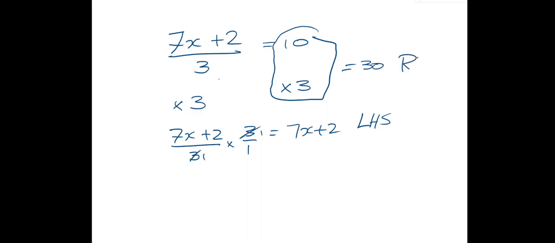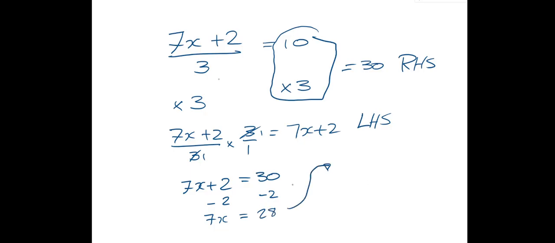Left hand side equals the right hand side, so let me just bring them all down. 7x plus 2 equals 30. We want to get rid of this 2 now. 7x equals 28.